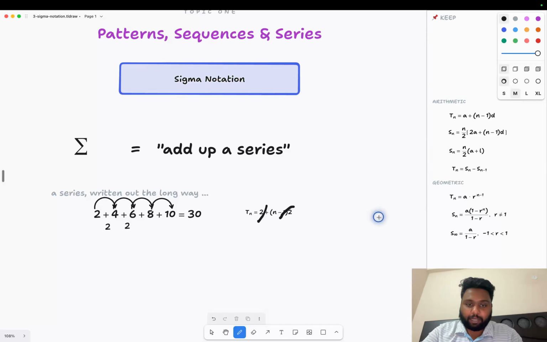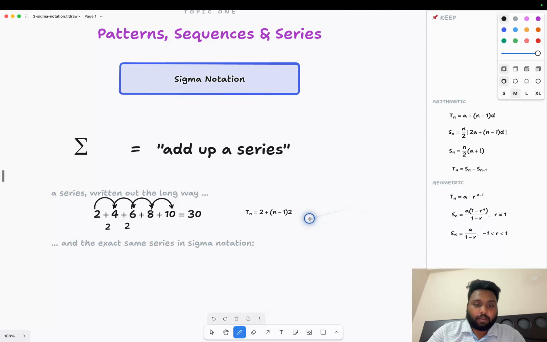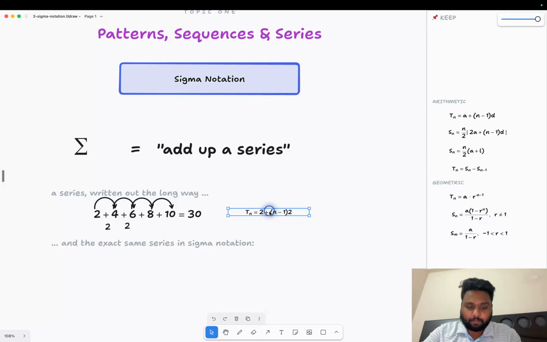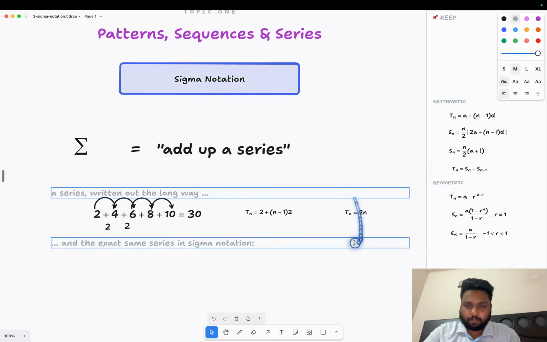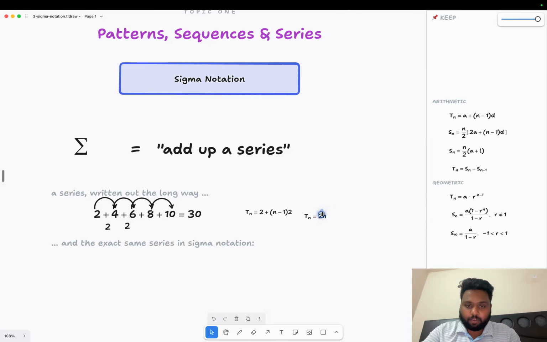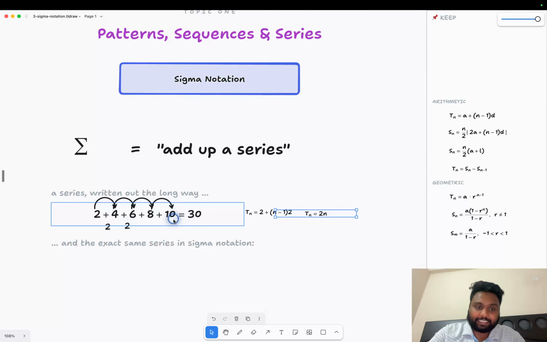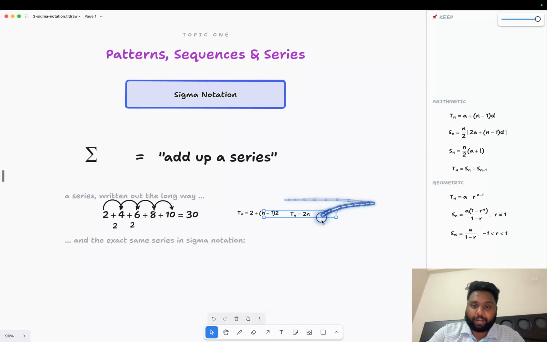And then we will be left with the general formula, which will be 2n. So the general formula for this sequence will be 2n.